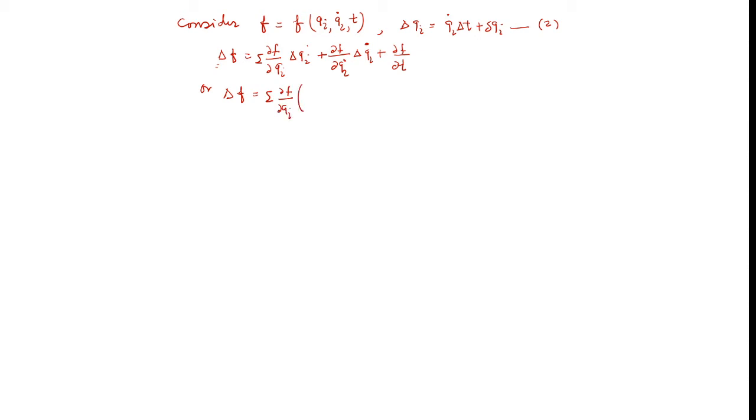Now use the definition of delta qi from 2. It is qi dot delta t plus delta qi. Similarly, it is also the summation of partial f partial qi dot times delta qi dot. Now use the definition of delta qi dot, so replace qi by qi dot in 2. I get qi double dot delta t plus delta qi dot.